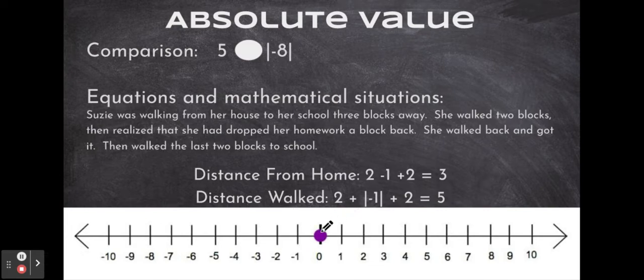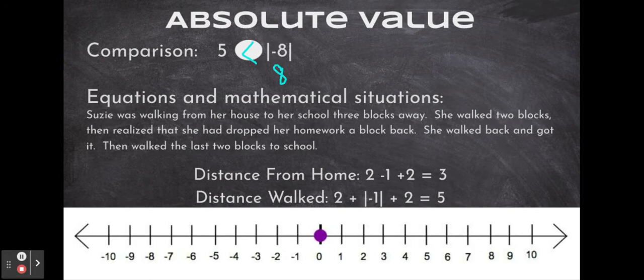So if I make those jumps, again, I'm going 1, 2, 3, 4, 5, 6, 7, 8 jumps to get to -8, which means the absolute value of -8 is just the number 8. So now I'm comparing 5 to 8. Well, I know that 8 is bigger than 5. So the absolute value of -8, even though that number is negative, and we tend to think of negative as being smaller than positive numbers, because we're finding the absolute value, that one is bigger.